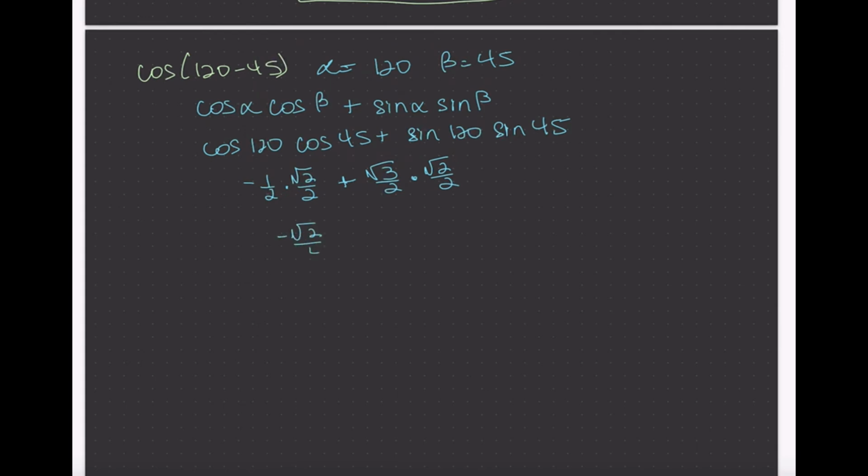Negative square root of 2 over 4 plus the square root of 6 over 4. So I can either leave my fraction like this, or I can simplify this into one fraction: negative square root of 2 plus the square root of 6, all over 4. There we are.